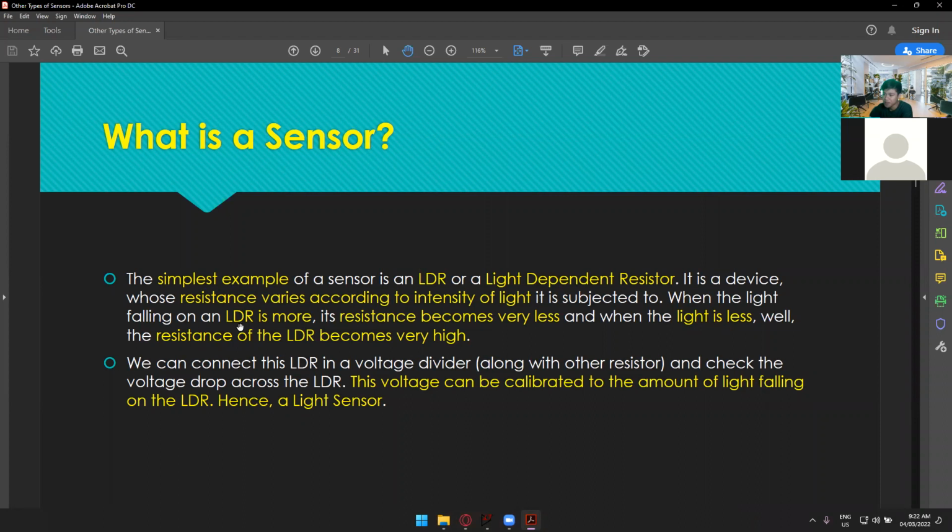If more light is hitting that device, the resistance becomes very low. And when the light is less, of course, it's the other way around, so the resistance of the LDR becomes very high. If light is less, that is the time it needs to turn on its light. So we call that one LDR, or light dependent resistor.